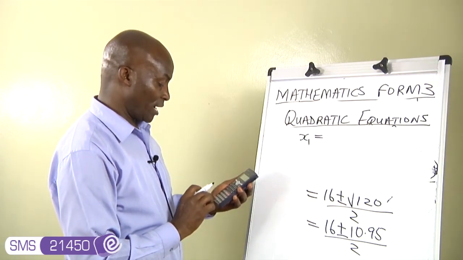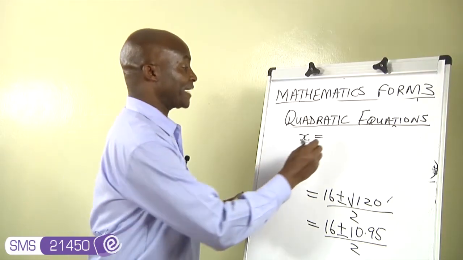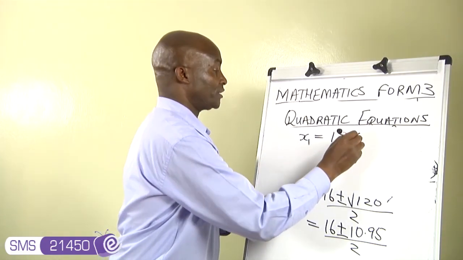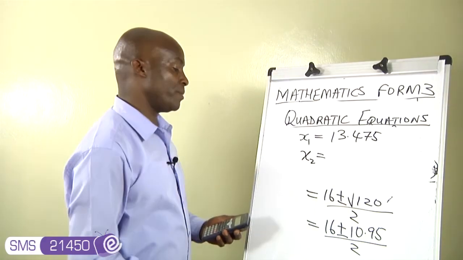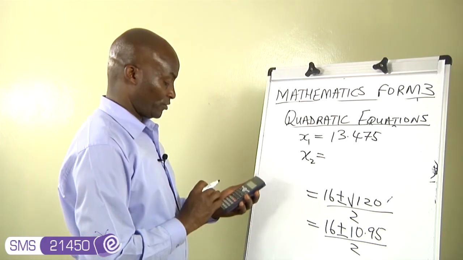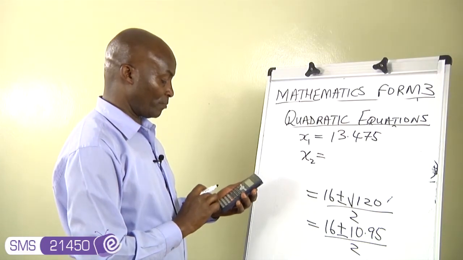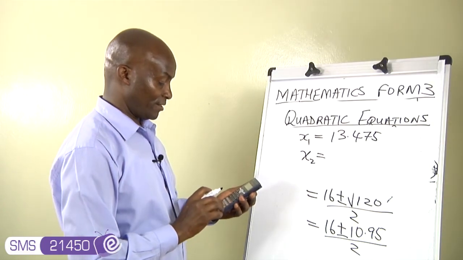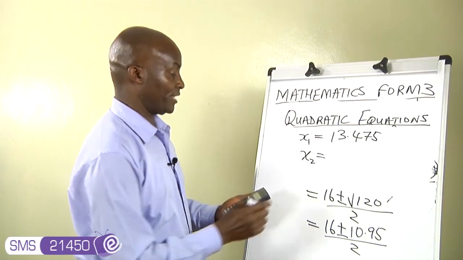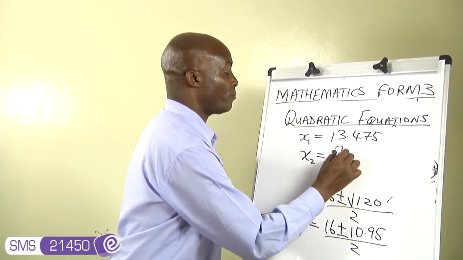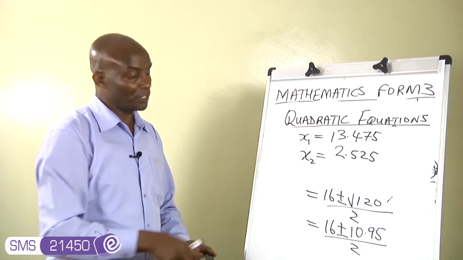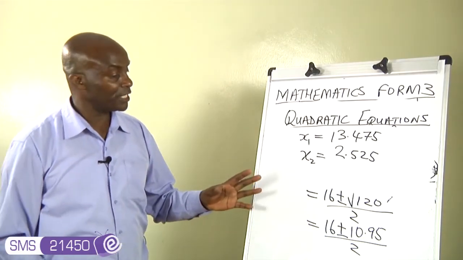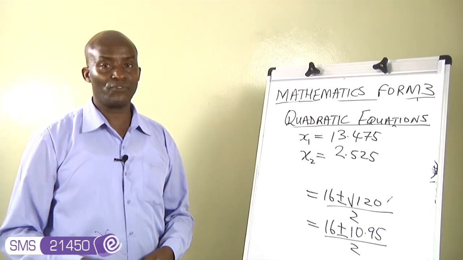That gives you 13.475. The second one will be subtract. So 16 minus 10.95, then divide that by 2, and that gives you positive 2.525. So you can see that it's possible to solve real life situations using the quadratic formula.